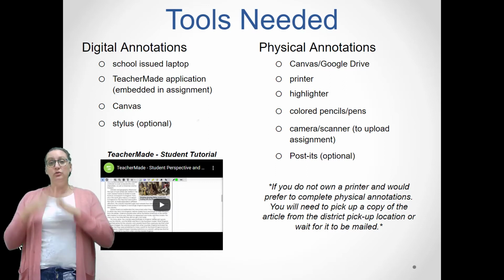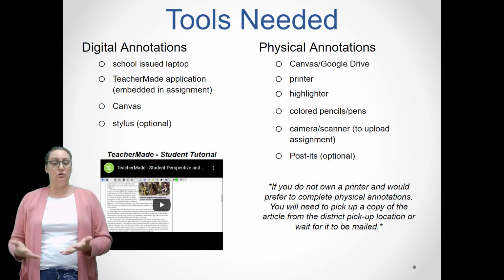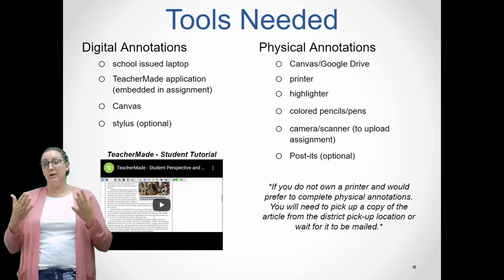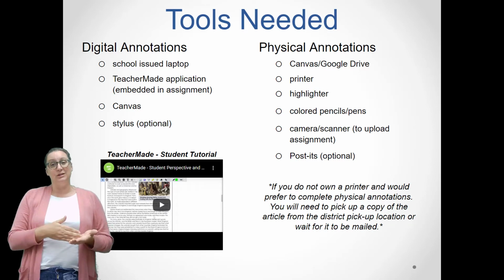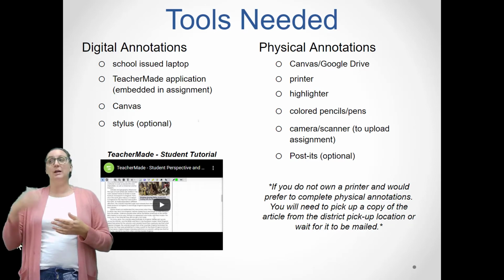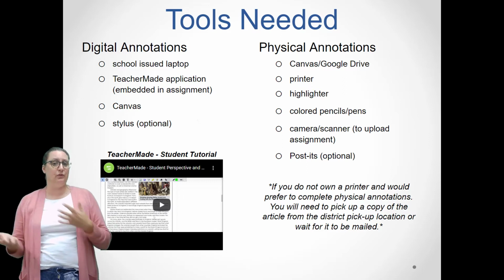If you do choose to do physical annotations, everything will be posted on Canvas and on Google Drive. If you don't already have a physical copy of the article that you might have picked up in your opening packet, then you might need to print it, and for future things you might need to print them. You might need a highlighter, colored pencils, or different colored pens.